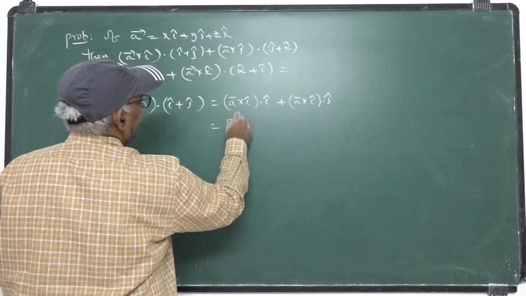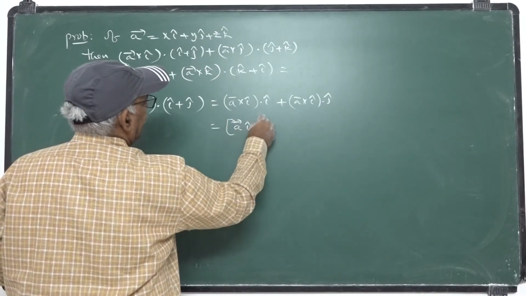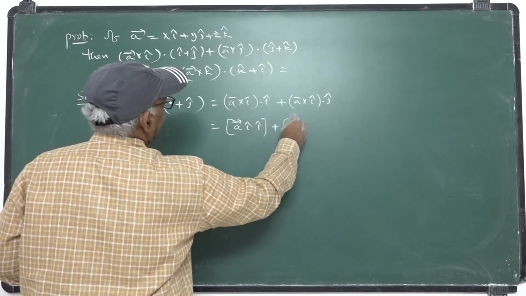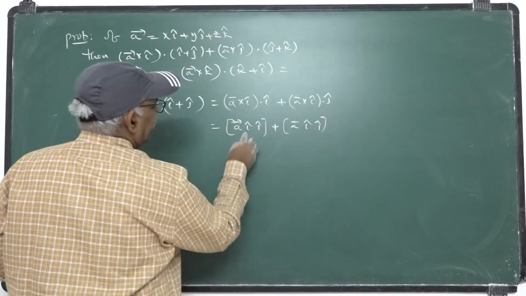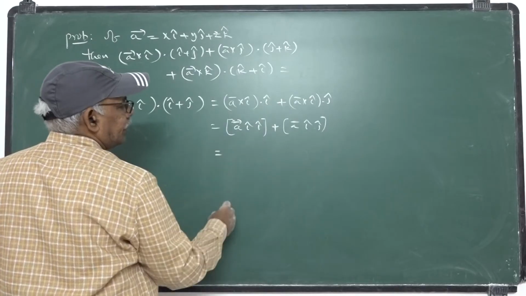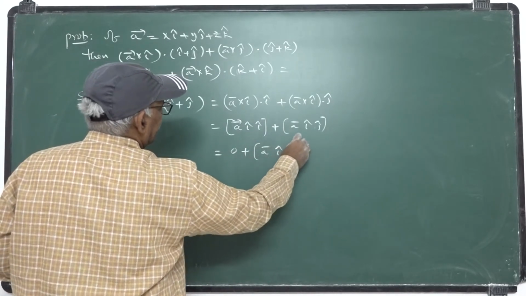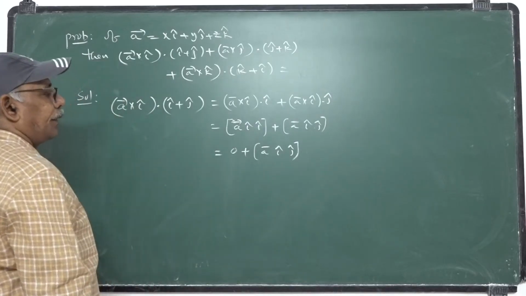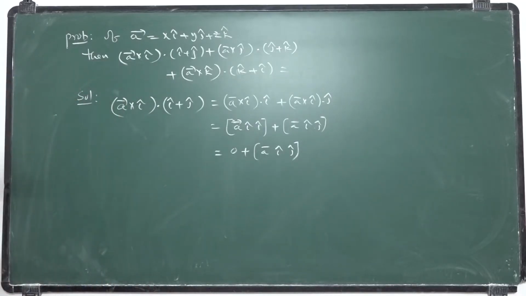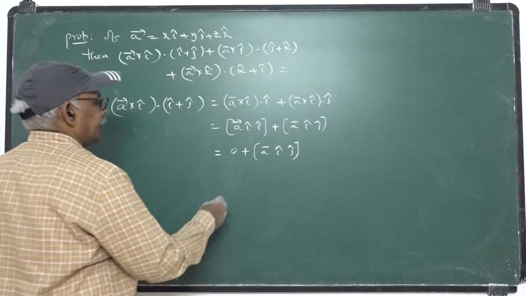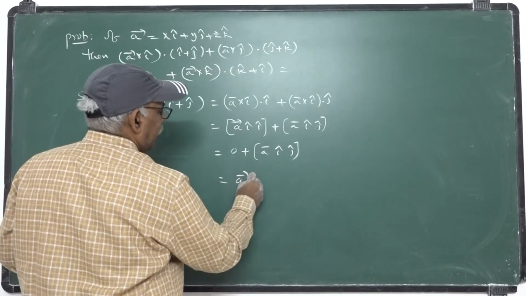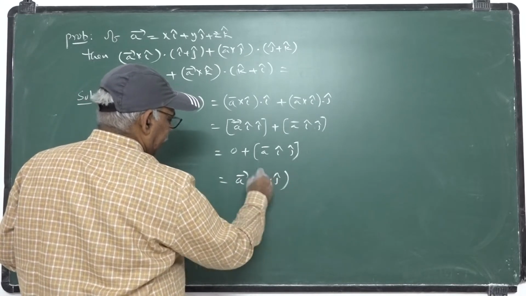This is box A I I plus box A I j, but box A I I is 0, plus box A bar I j. This may be written as A bar dot I cross j.